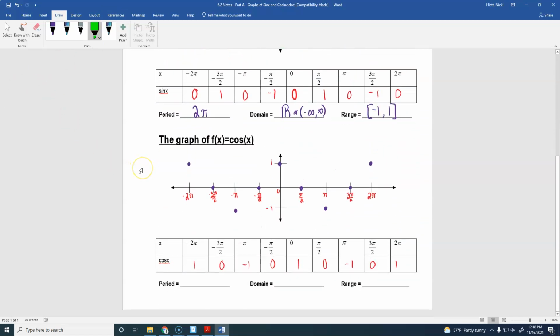All right, so your cosine graph, you should get 1, 0, -1, 0, 1, 0, -1, 0, 1. It's the same pattern, but right here the y-intercept ends up being at 1 for this one. So if I draw this in here, it also, of course, is curved.